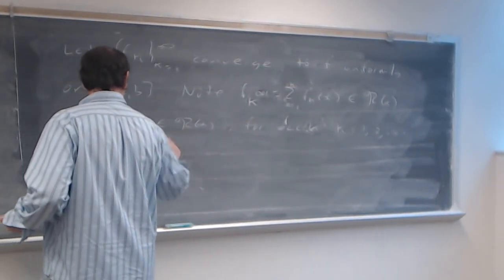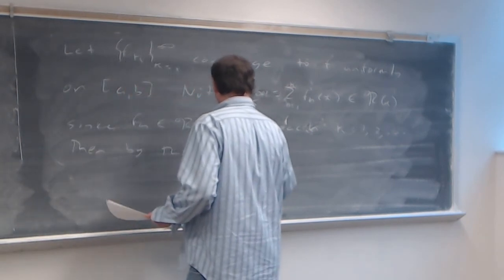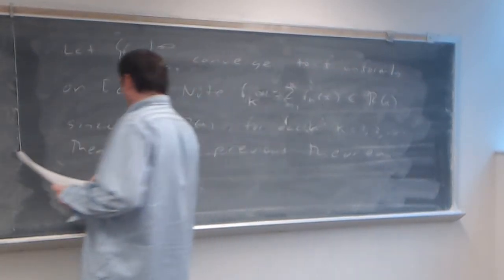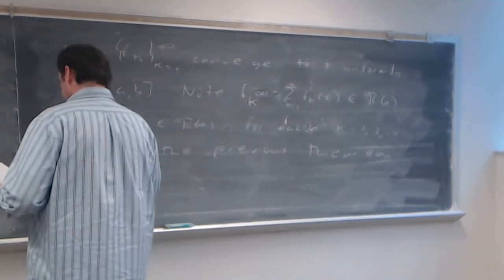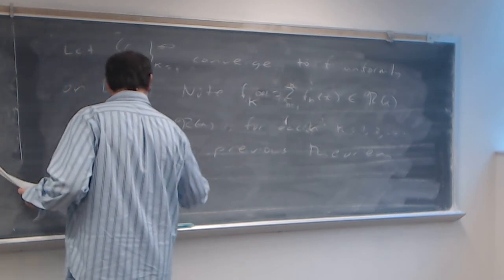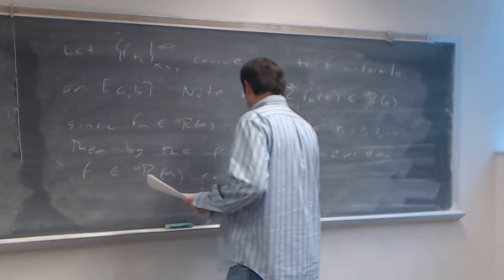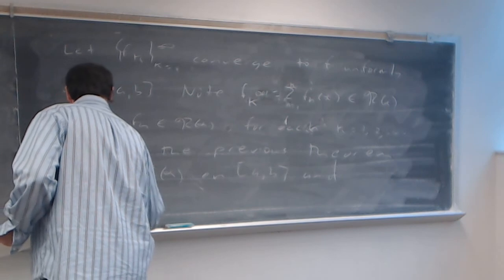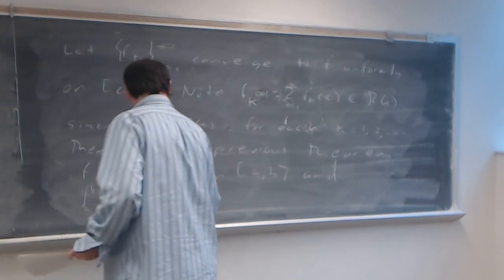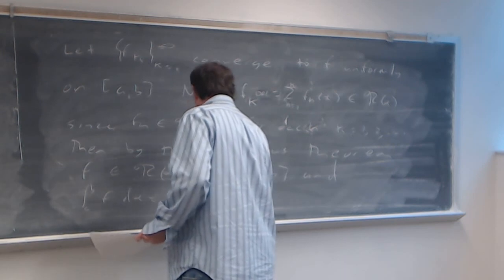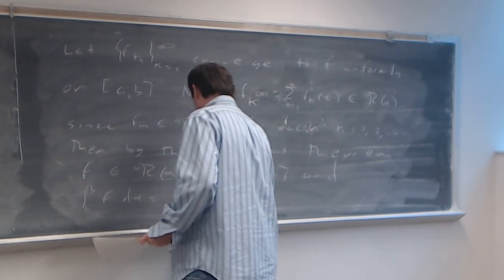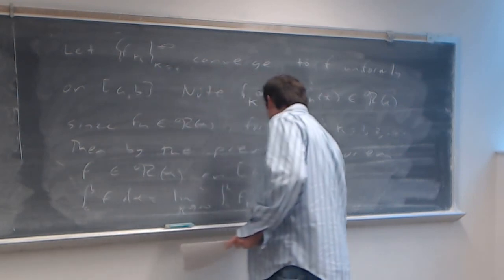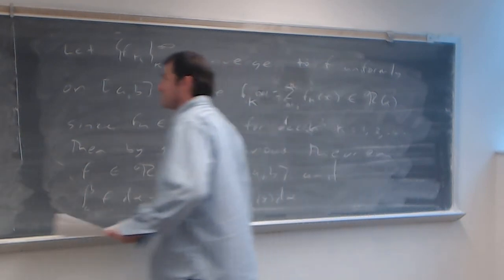Then, by the previous theorem, f, what this converges to, is Riemann-Stieltjes integrable on a to b, and the integral of f d alpha will be equal to the limit as k goes to infinity of the integral from a to b of f sub k of x d alpha.